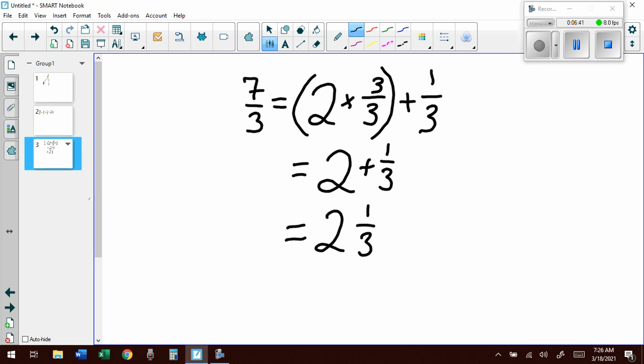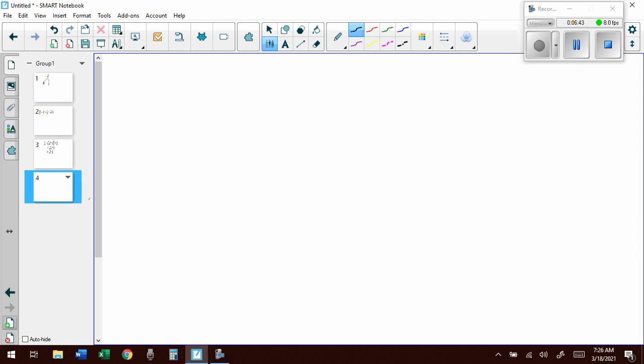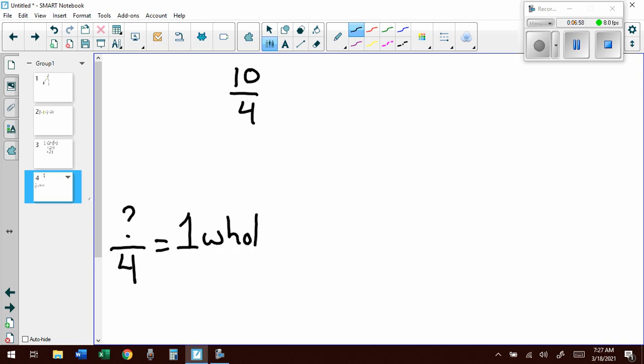Now let's do one more with multiplication. Let's start with 10/4. And ask yourself, how many fourths equal 1 whole? Four fourths equals 1 whole.